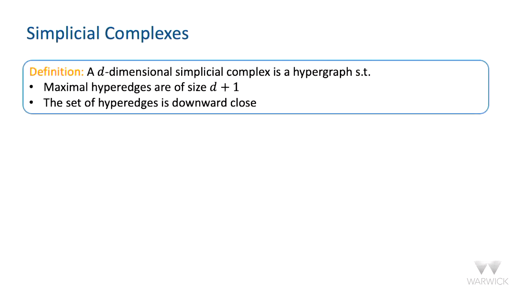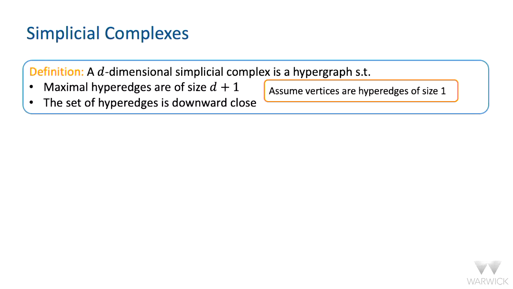So first, let me define a few things. What is a simplicial complex? You can think of a d-dimensional simplicial complex as a hypergraph where maximal hyperedges have size d+1, and the hyperedges are downward closed. So basically, you can think about vertices as hyperedges of size 1.